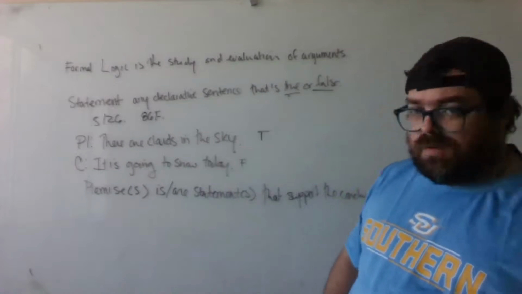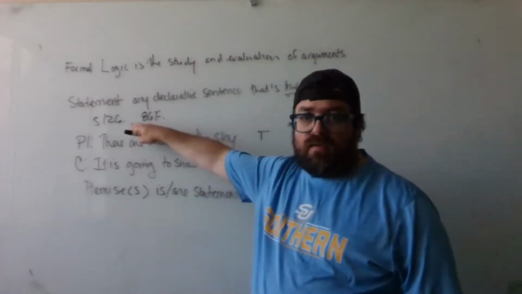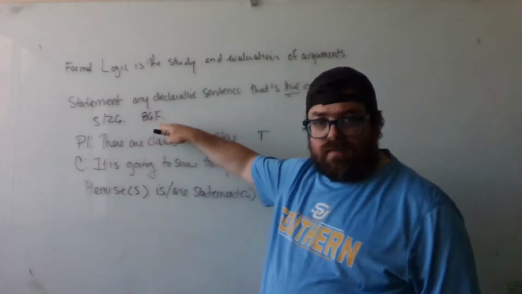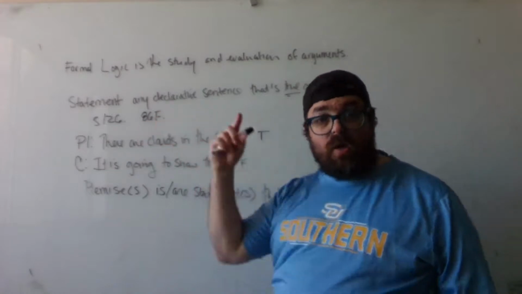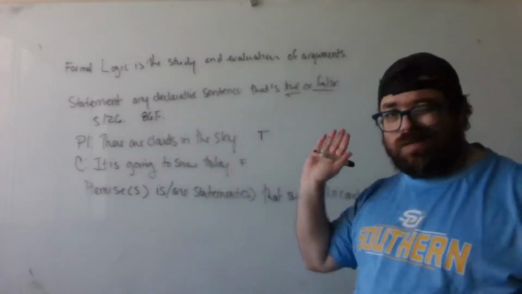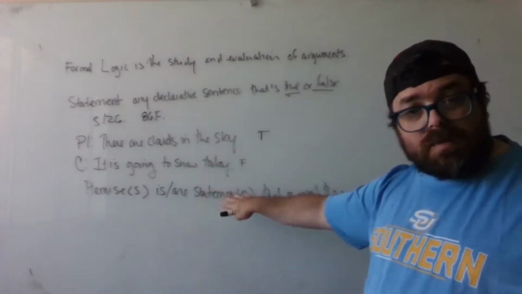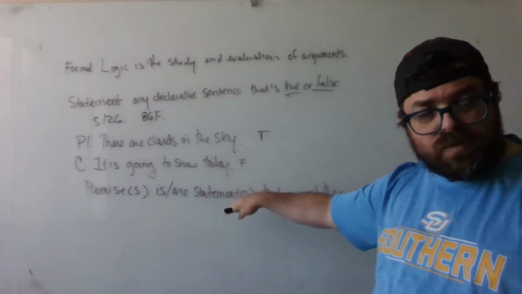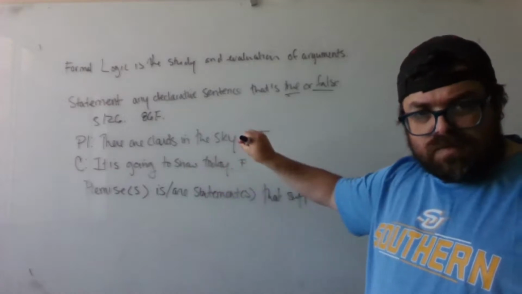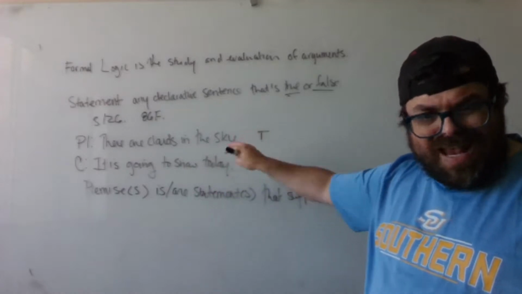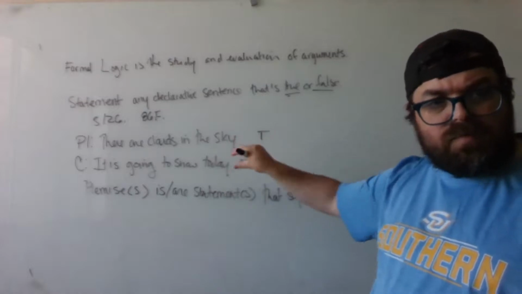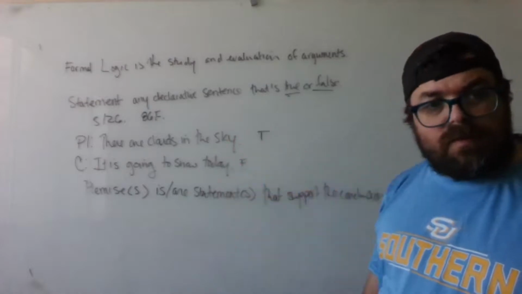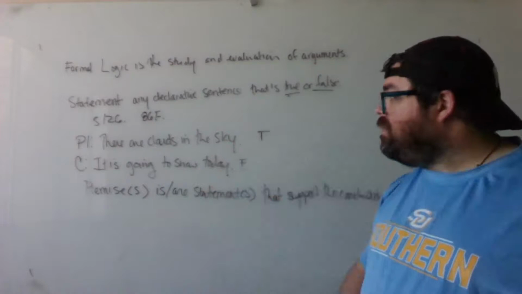Just by me telling you that it's May 26th and it's 86 degrees Fahrenheit outside, you and I know it's not going to snow. So this is a bad argument, right? We have insufficient premises to support the conclusion. And even though the premise is trivially true, it alone cannot actually support the conclusion that's listed there. But structurally, this is an argument.